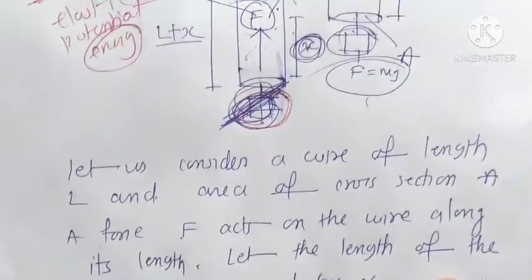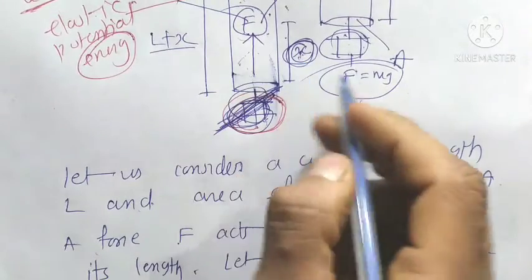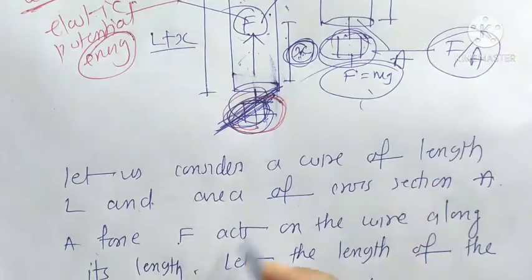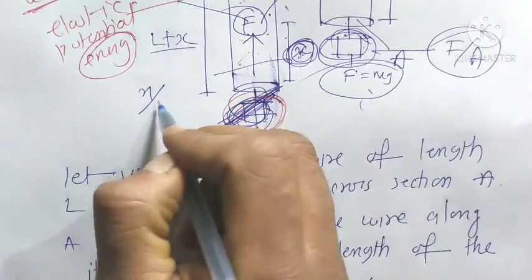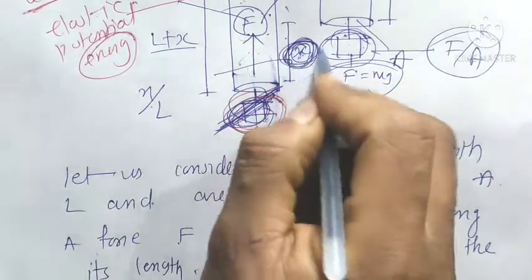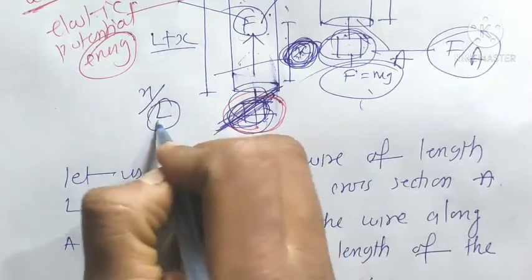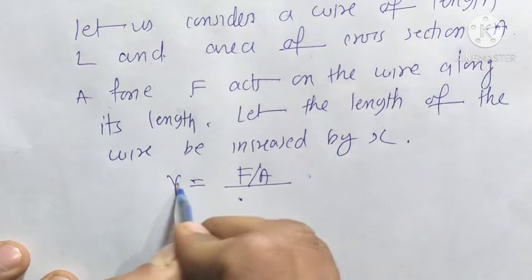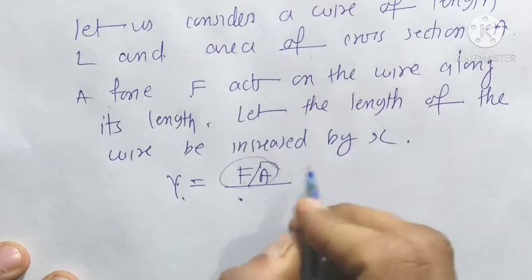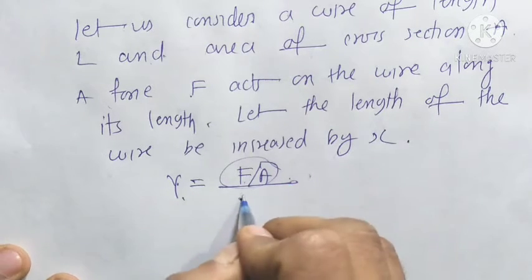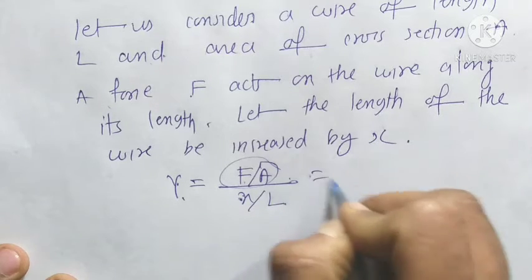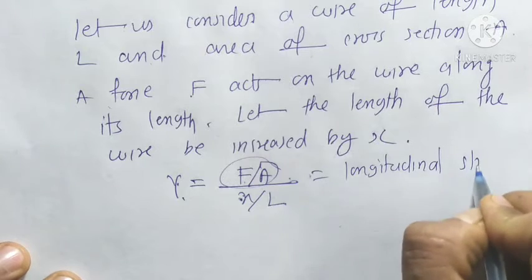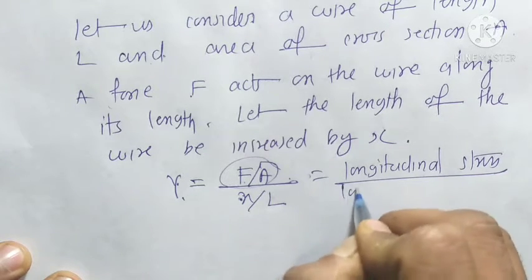What is the stress here? Force upon area is the stress, and the strain produced is x upon L, where x is the change in length and L is the original length. So Y is equal to longitudinal stress upon longitudinal strain.